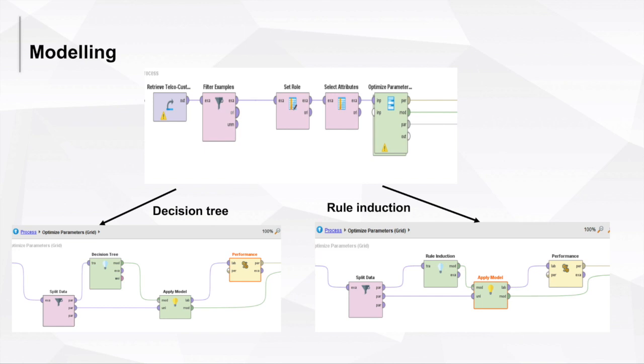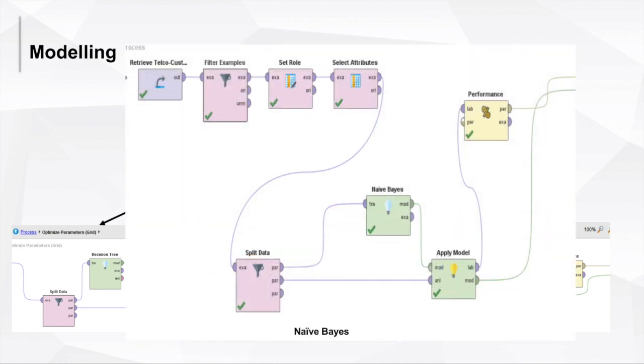This operator gives the highest accuracy by testing different parameter combinations. And since the naive Bayes model only has one parameter, we use the traditional way to design the process. Begin with splitting data, modeling, and finally apply model and measure performance.